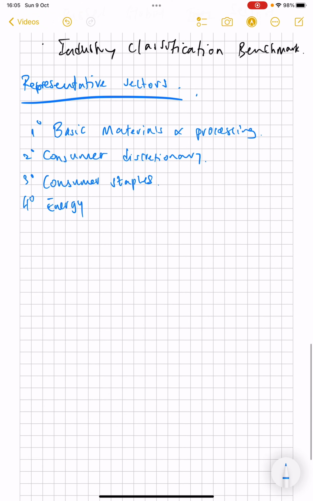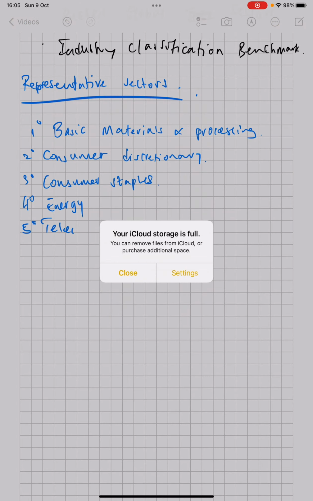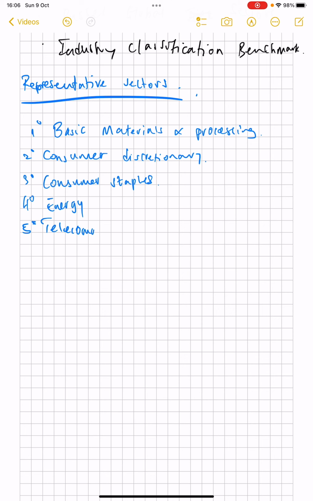And then telecommunications: wireless communication services, telecommunications and utilities. And then sixth, financial services.